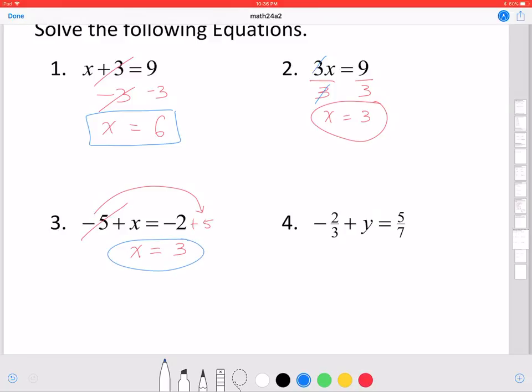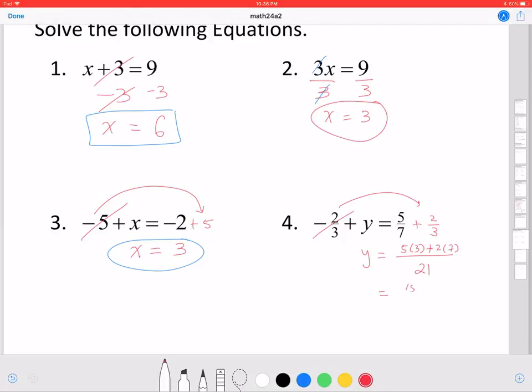All right, and I'm going to actually use that technique for the number 4 problem. The negative 2/3 is to be removed, so I'm going to cross it out, move it over, and write that as plus 2/3. So y is really nothing more than adding these two fractions. The LCD is 21, so let me write 5 times 3 plus 2 times 7.